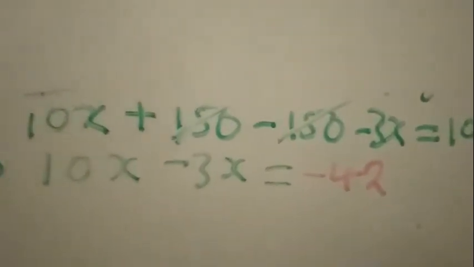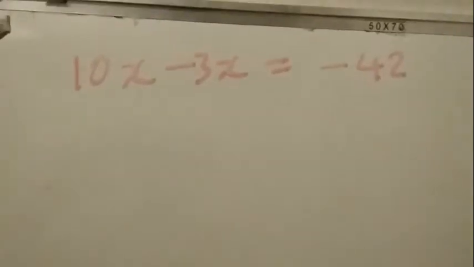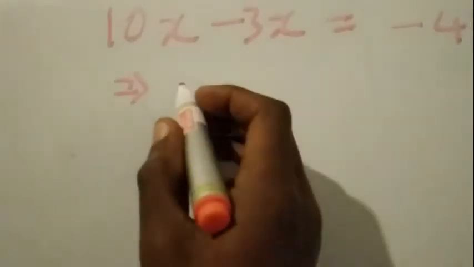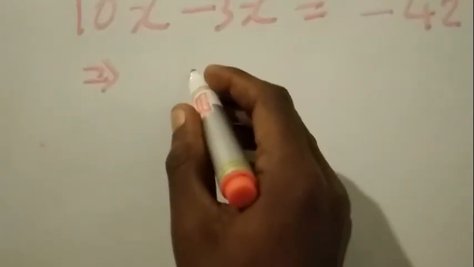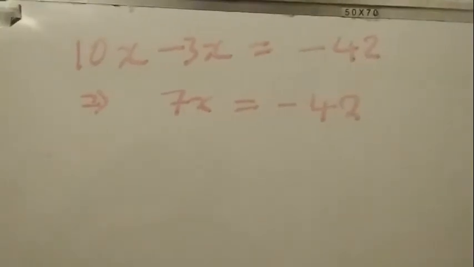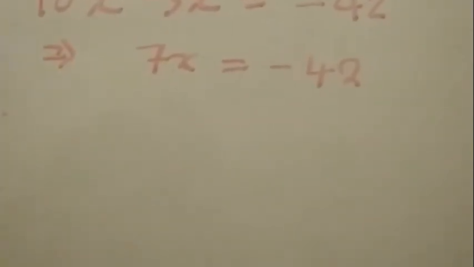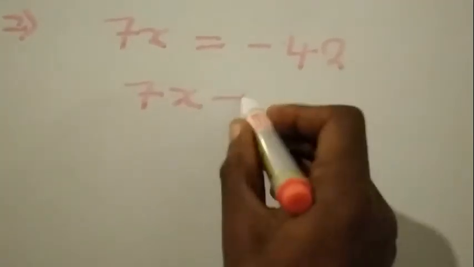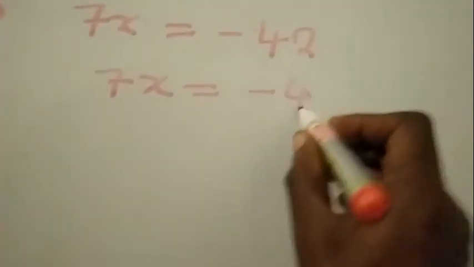Now from there you can see we remain with this minus that, you get 7x equals negative 42.